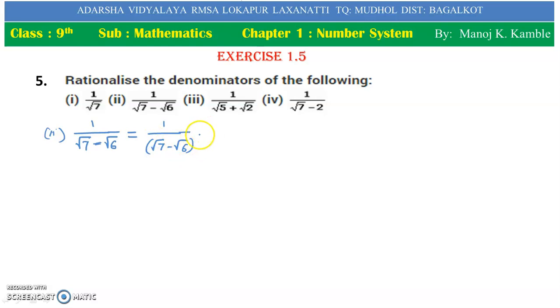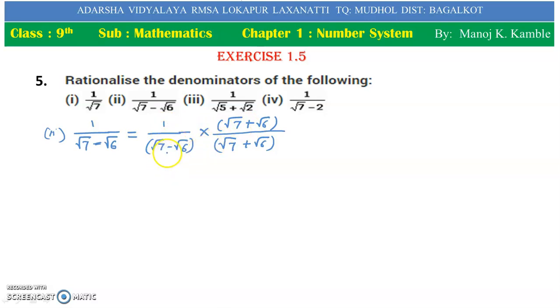So use a bracket, then the multiplication sign, and since a binomial is present, square root of 7 plus square root of 6, divided by square root of 7 plus square root of 6. When we cancel both terms, the original value remains as it is.